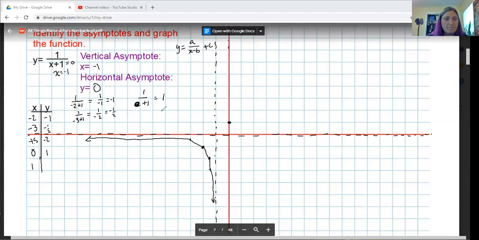At positive 1, we'd have 1 over 1 plus 1, which equals 1/2. So we have a point at 1, 1/2. And then you can assume that that goes over there. See how it kind of mirrors it? That's the middle point. And then we can draw the other part.